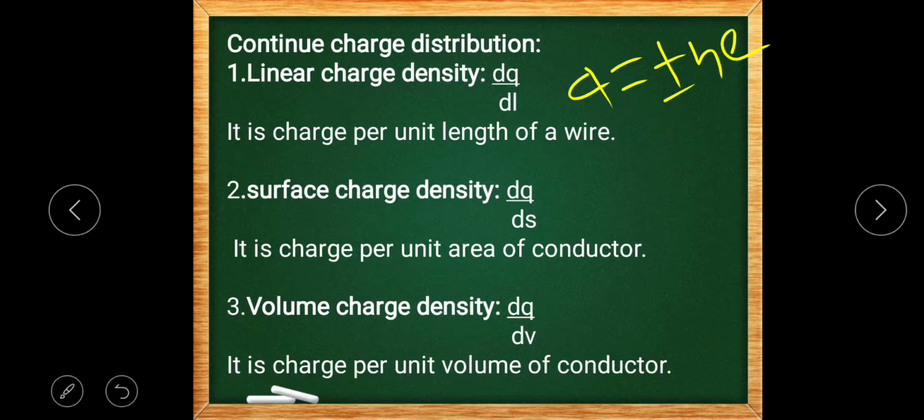But we need to work with continuous charge distribution. For example, on the surface of a charged conductor, we can't specify the charge distribution in terms of discrete charges. Then we consider a small area element and specify the charge on that element. On this basis, the distribution of charge is expressed in terms of three charge densities. These are as follows.